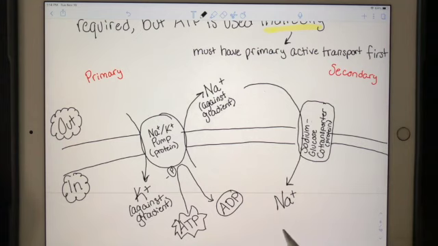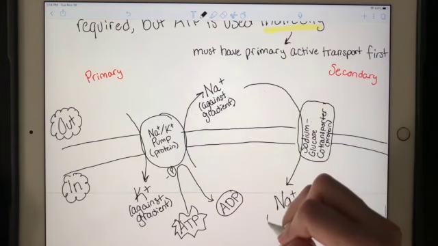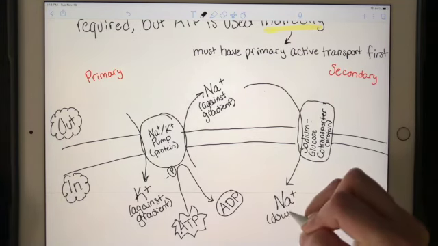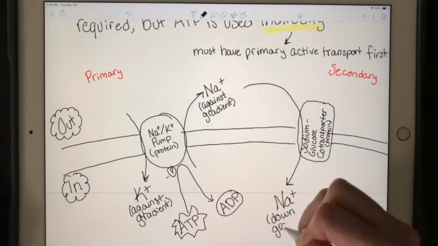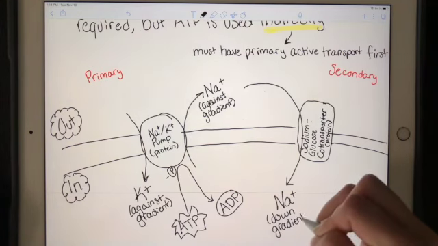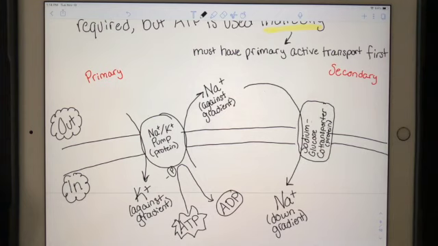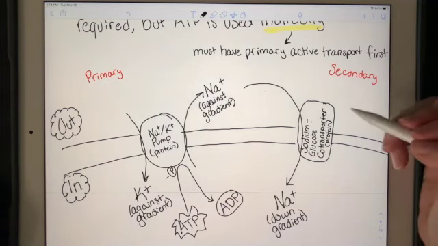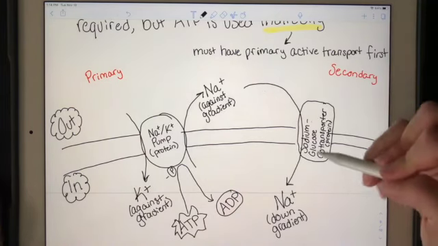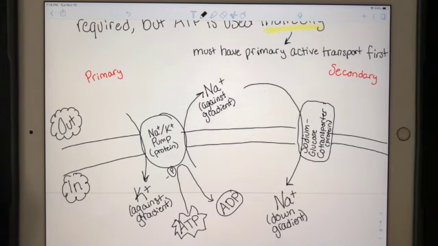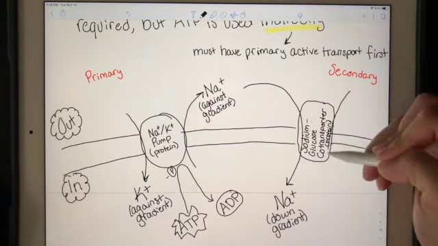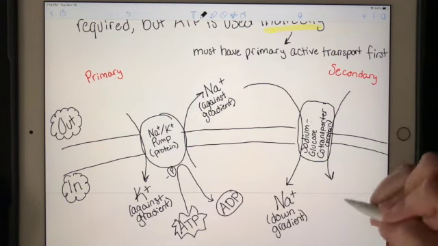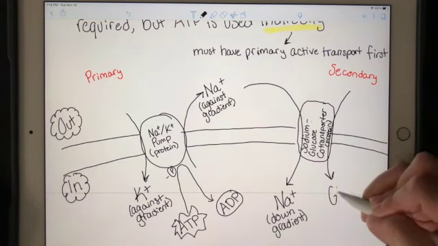So now our sodium is moving down its gradient. And that's a great thing, because when sodium moves through this sodium glucose co-transporter, guess what else moves across it? If you guessed the sugar glucose, you would be correct.